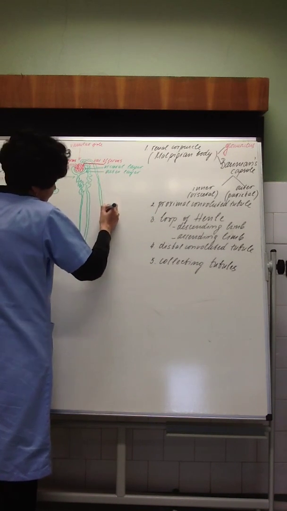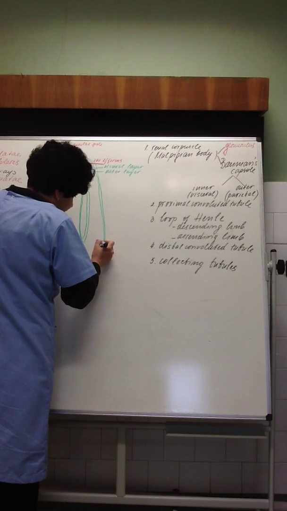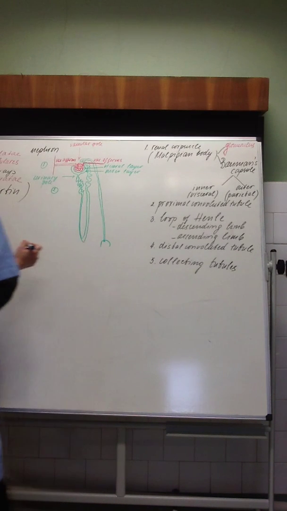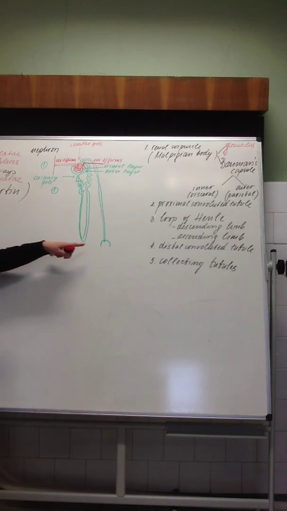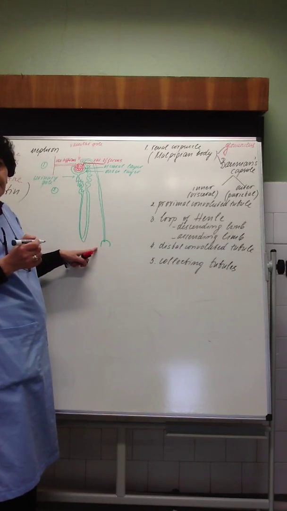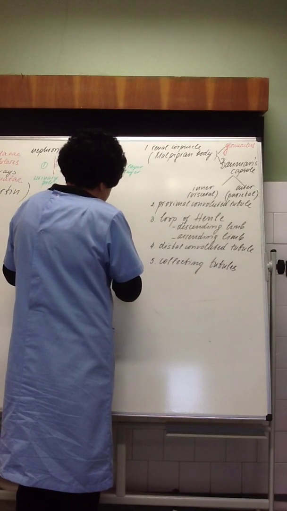And collecting tubules. Collecting tubules terminate at these fornix. They open on the roof of the minor calyces. This is the fornix.